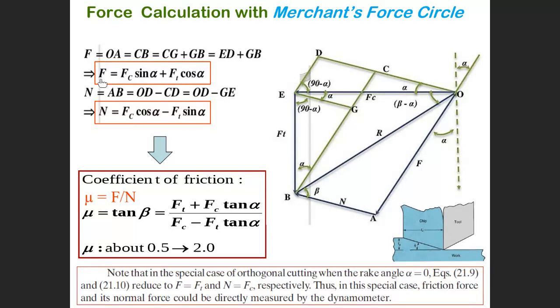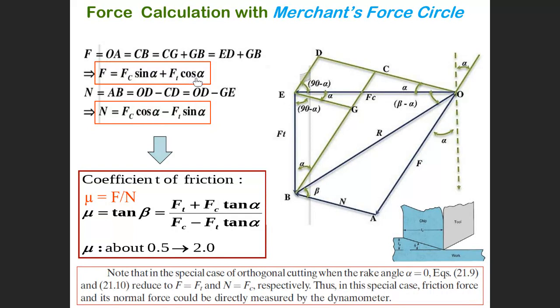So F, the unknown friction force, equals FC sine alpha plus FT cosine alpha. F is obtained as a function of the known FC and FT and the angle alpha, which is the rake angle, the tool angle.